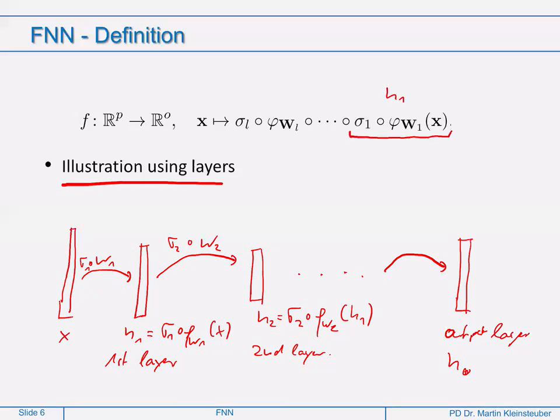With linear functions, you cannot achieve anything else than, in practice, like 2 layers only. Okay, so this is this nonlinearity. So this is X here, input in R^p, and here the output is in R^o.